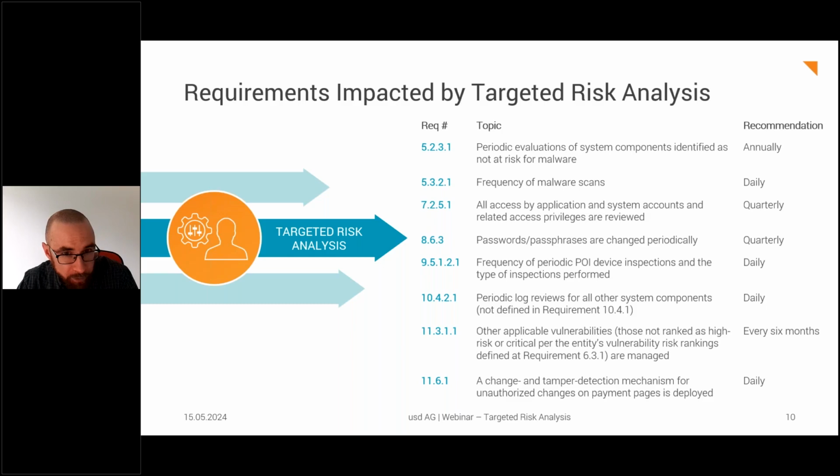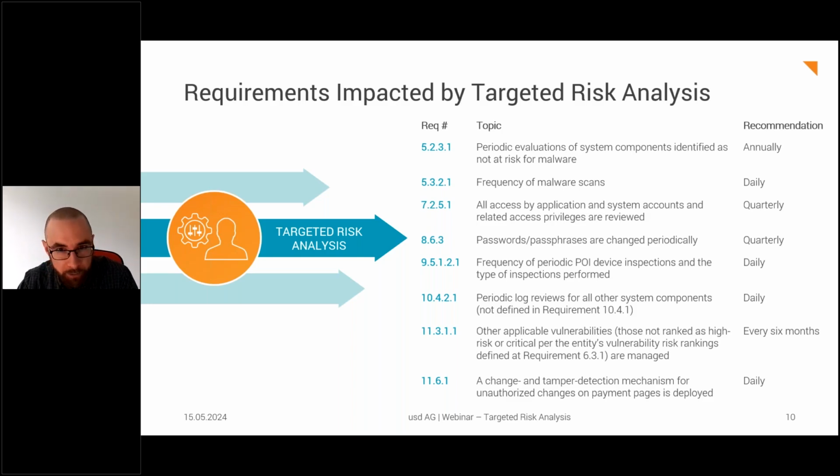The next requirement, 5.3.2.1, says that you should perform malware scans, and this is of course for all other systems, those systems that are typically impacted by malware. And the frequency of those scans is something that you can also set with a targeted risk analysis.